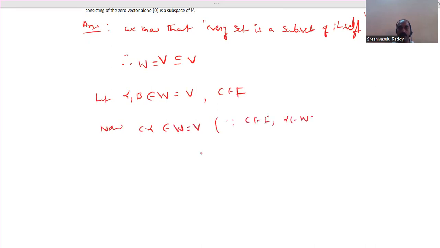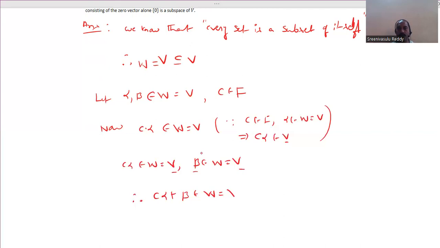Alpha is in W, which is nothing but V. V is a vector space, so C alpha is in V. Now C alpha belongs to W, which is V, and beta belongs to W, which is V. It means C alpha is in vector space V, and beta is in vector space V. Therefore, as per the vector space conditions, C alpha plus beta is in V, which is W, by the closure property of the abelian group, because V is a vector space and so an abelian group with respect to addition.